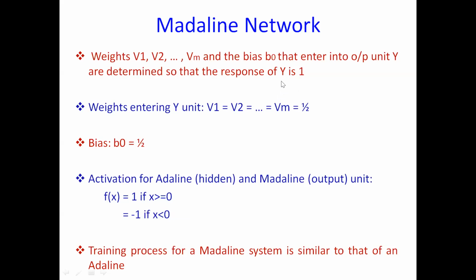So the condition is satisfied, and to satisfy this particular condition, the activation for Adaline or hidden unit and the Madaline unit, which is the output unit, the activation function is given as f(x) equal to 1 if x is greater than or equal to 0, and it is equal to minus 1 if x is less than 0. In that case, the training process of this Madaline system is very much similar to that of an Adaline, which we have covered in the previous class.